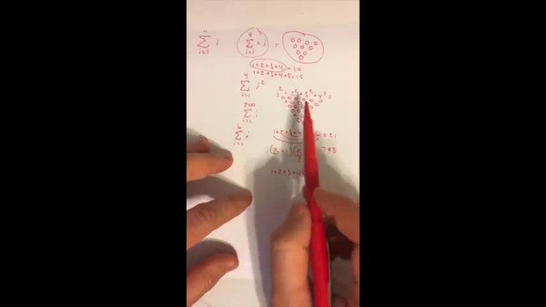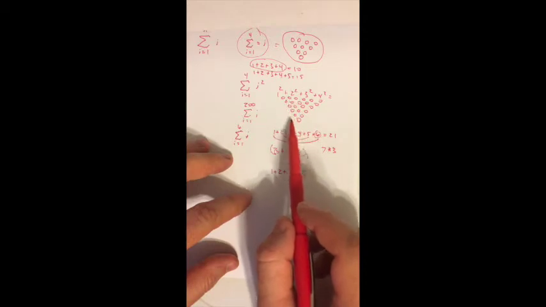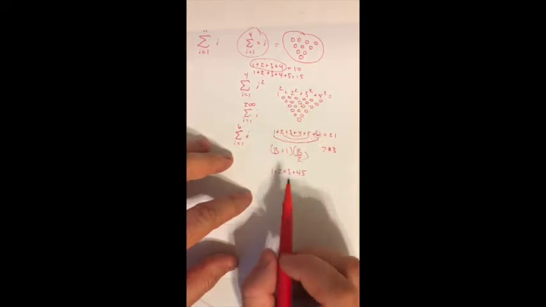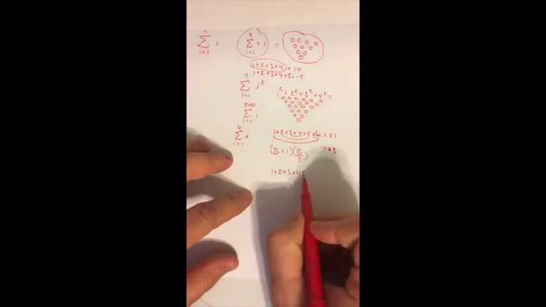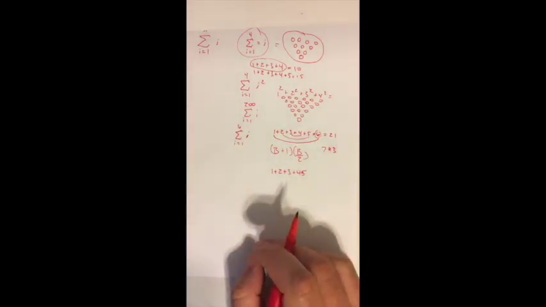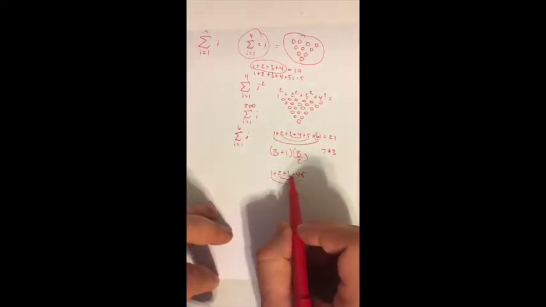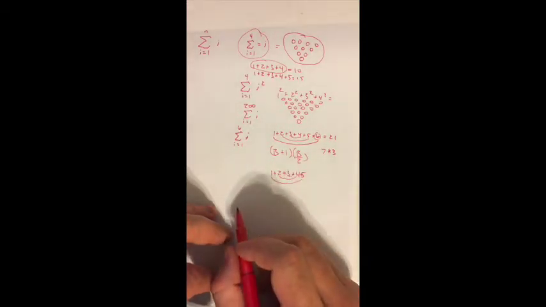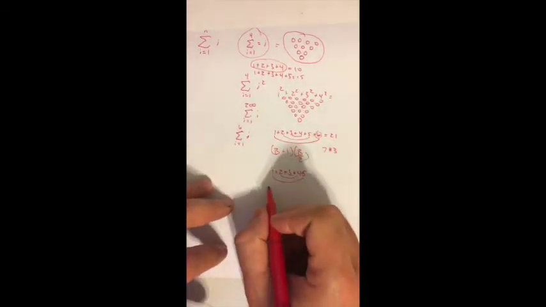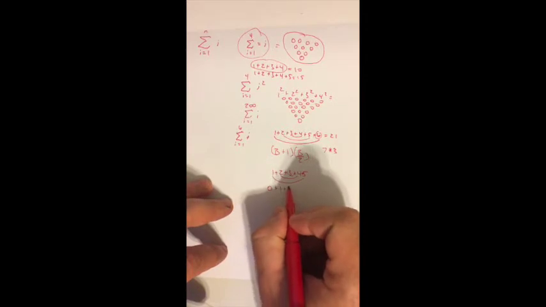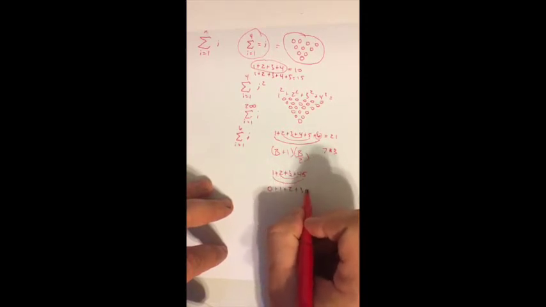What happens if we wanted to have a bowling alley with just 1 through 5? Oops. Well, we couldn't do this, right? Because we'd be left over with this 3 in the middle. So here's a trick. What if we just added a 0? Which doesn't affect it at all.